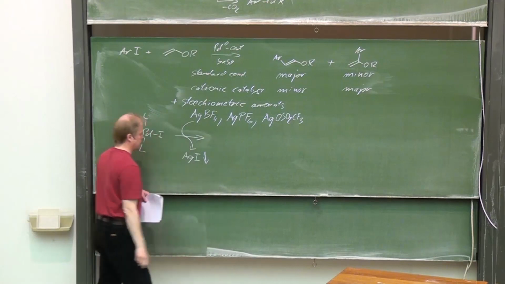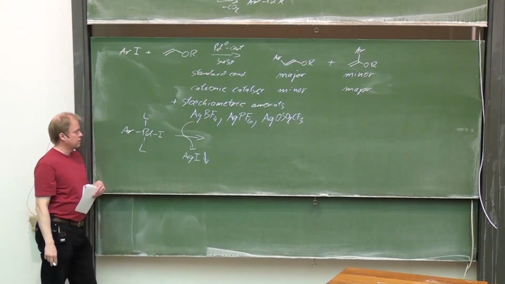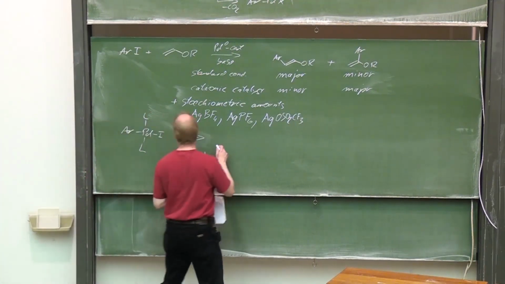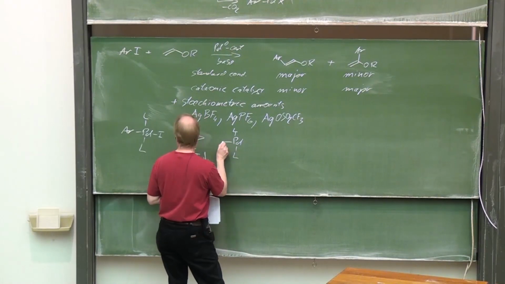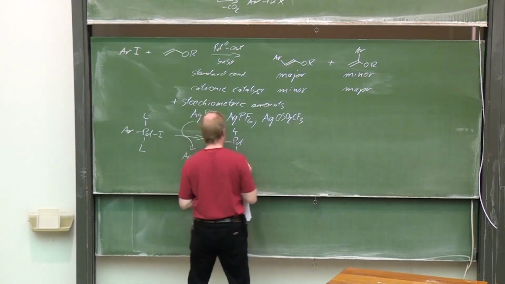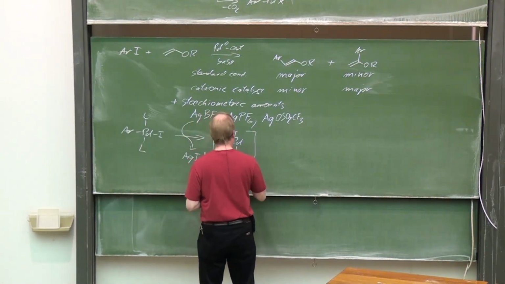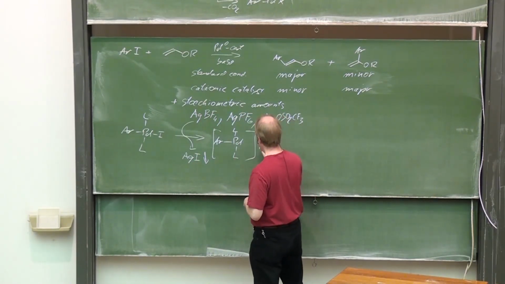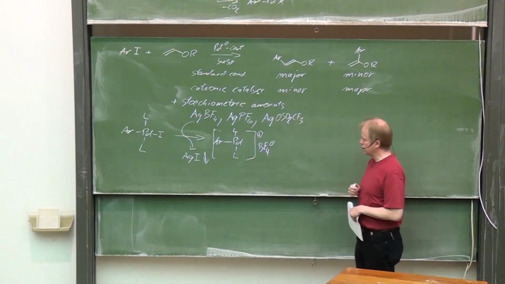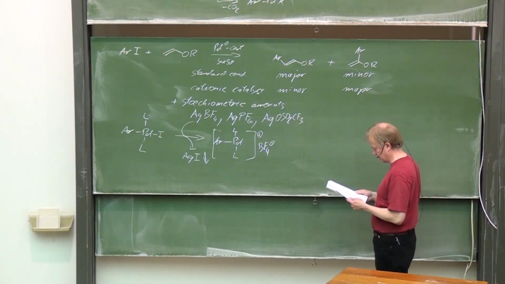which is usually less soluble, and therefore we get to a cationic palladium complex, in this case with the tetrafluoroborate counter anion.